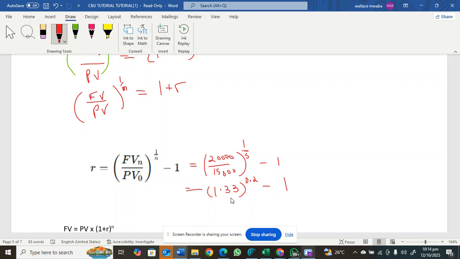We get 1.059 minus 1, you get 0.059. Rounded off, 0.06, which is 6%. Okay. That is the rate.